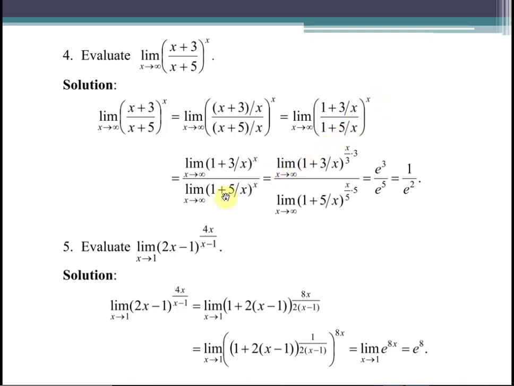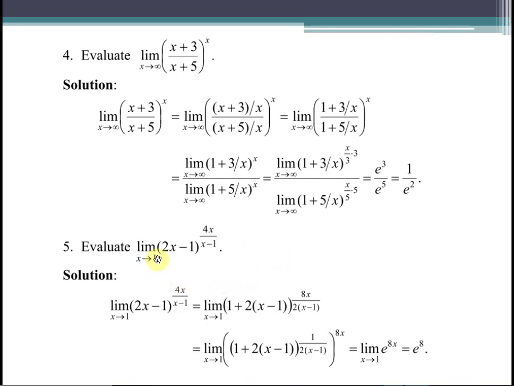Now we can evaluate them separately. The limit as x tends to infinity of 1 plus 3 over x, again dividing and multiplying by 3, gives e cubed. In the bottom, similarly, we have e to the power of 5. So the answer is 1 over e squared.